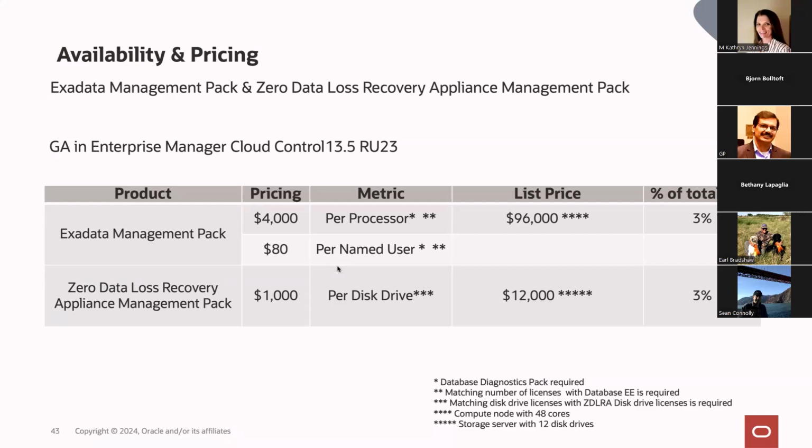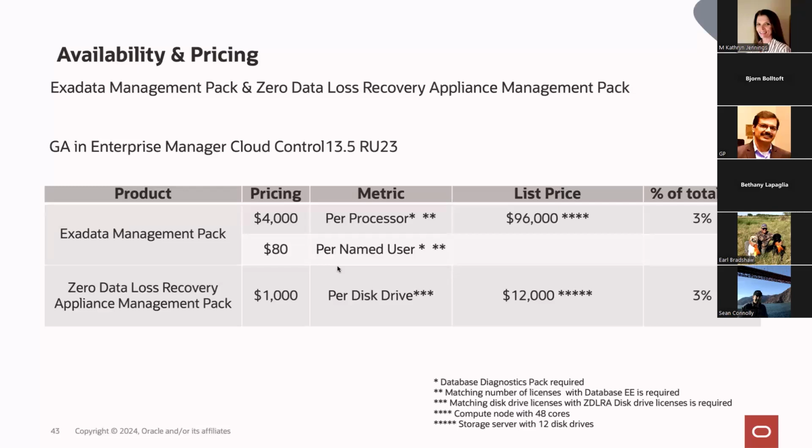But the thing here is, if you compare this to all the other license that's already on the machine, it's at around 3% on top of the other features. And we have features that help you to be more productive. It has features helping you to have more consolidation on the machines. So that will be very useful features.